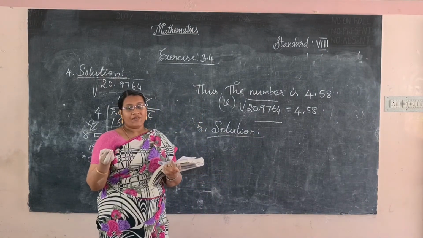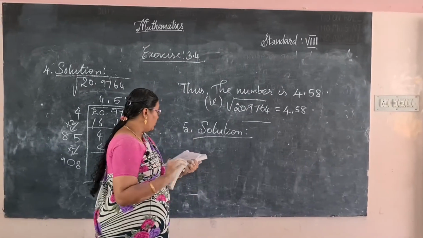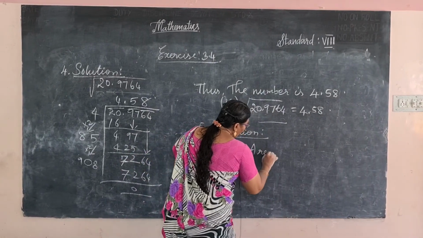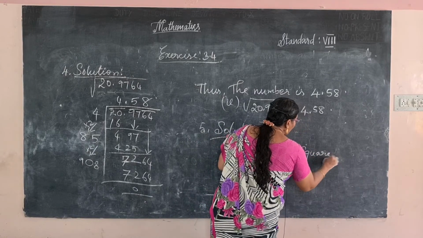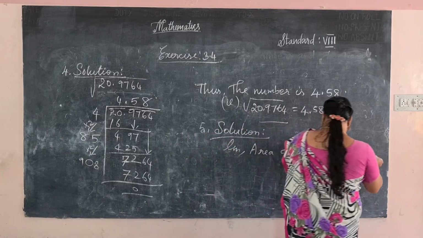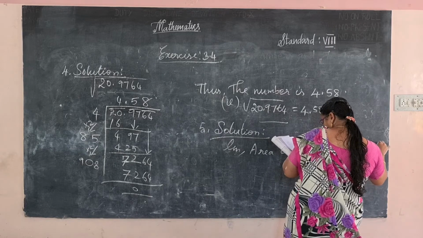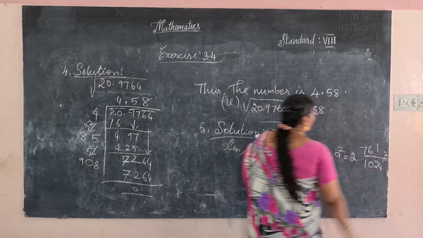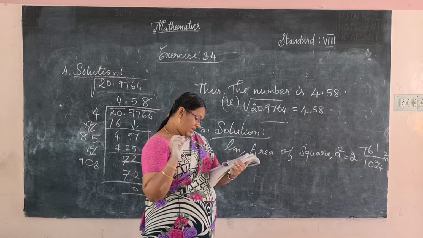What is the formula for the area of a square? A equals side square, in square units. The area of the square is given as 2761/1024 meters square. The mixed fraction is given. Find each side of the plot.